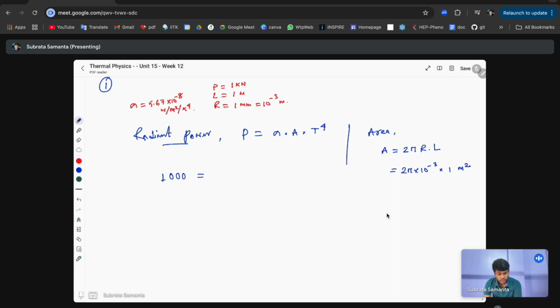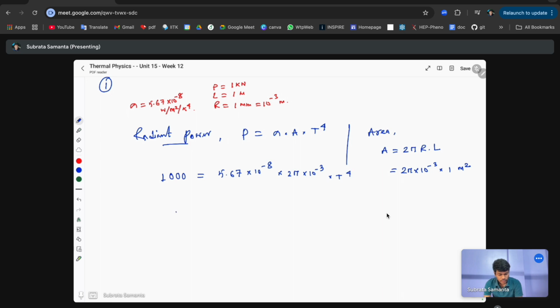So 1000 equals sigma, which is 5.67 times 10 to the power minus 8 watt per meter square per Kelvin to the power 4, times area, which is 2 pi times 10 to the power minus 3, times T to the power 4.